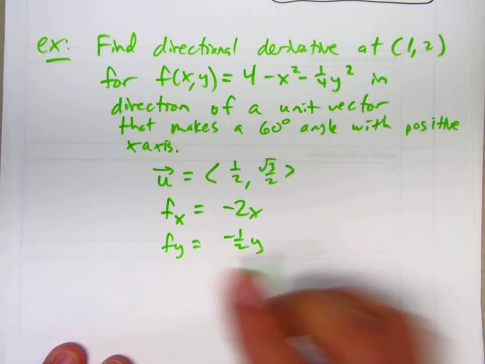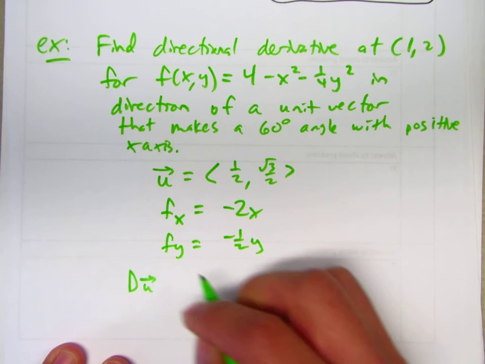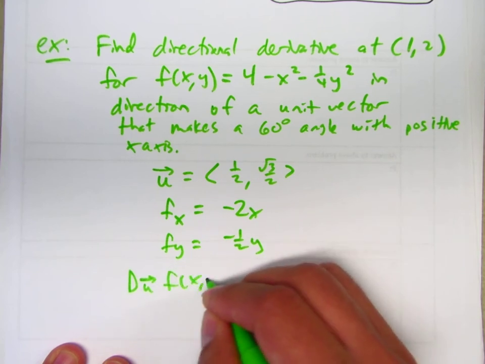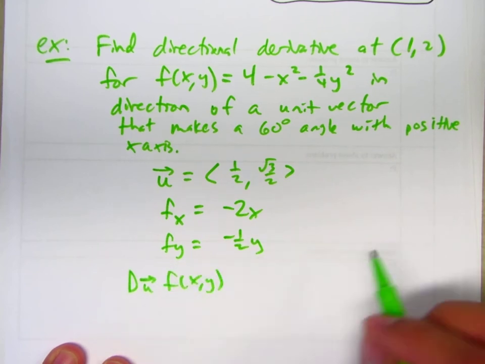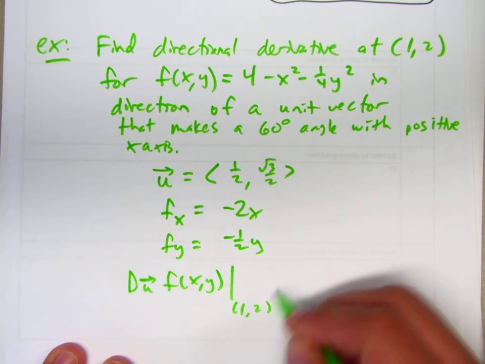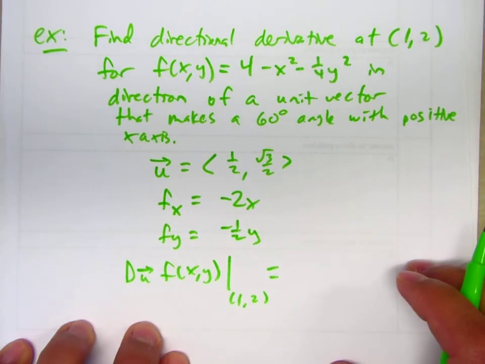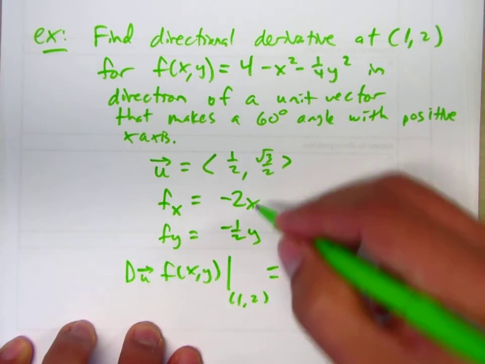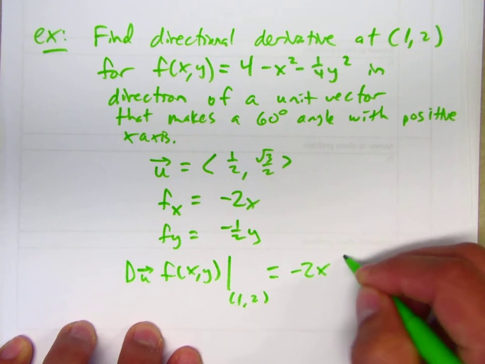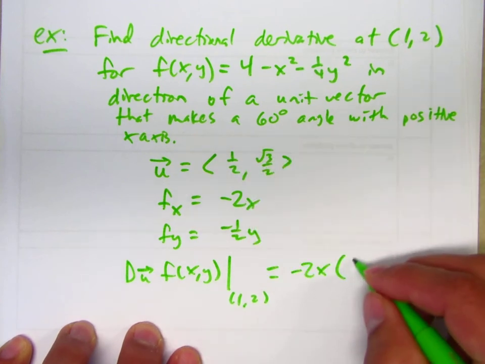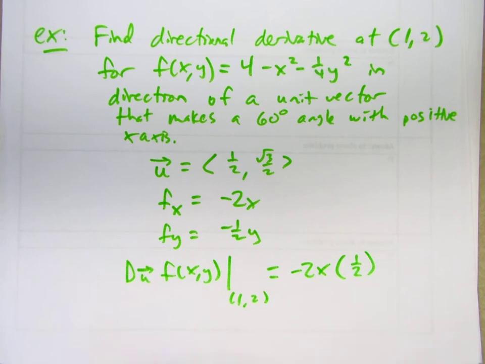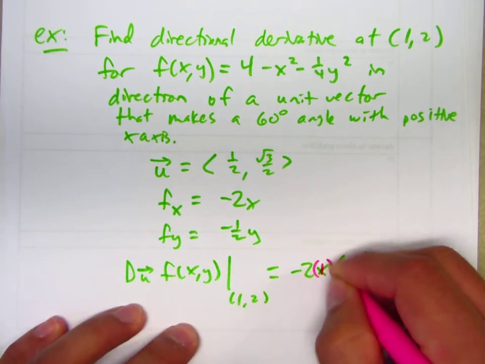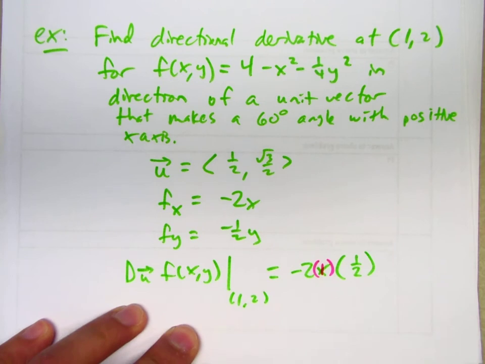And so the directional derivative at the point 1, 2 will be the partial derivative with respect to x times the cosine of 60, which we had as 1/2. And whoops, I wrote that I was plugging in 1 and 2, and I didn't plug in 1. All right, so that should be negative 2 times 1.